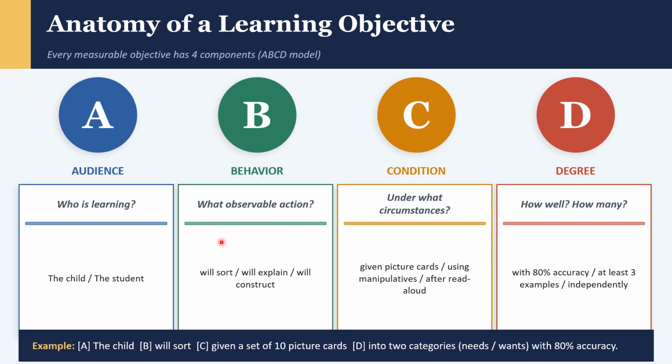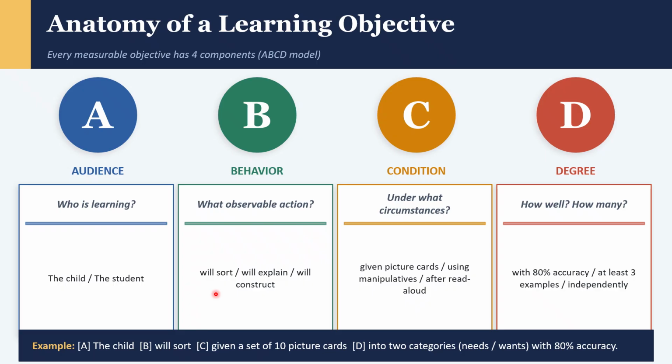Some things that we can see: the child will sort. I can observe that. I can watch the child sorting. I can also measure it. Have they sorted things correctly? So that is measurable, that's observable. The child will explain. Again, I can measure their explanation, whether they're telling it to me verbally or writing it down.